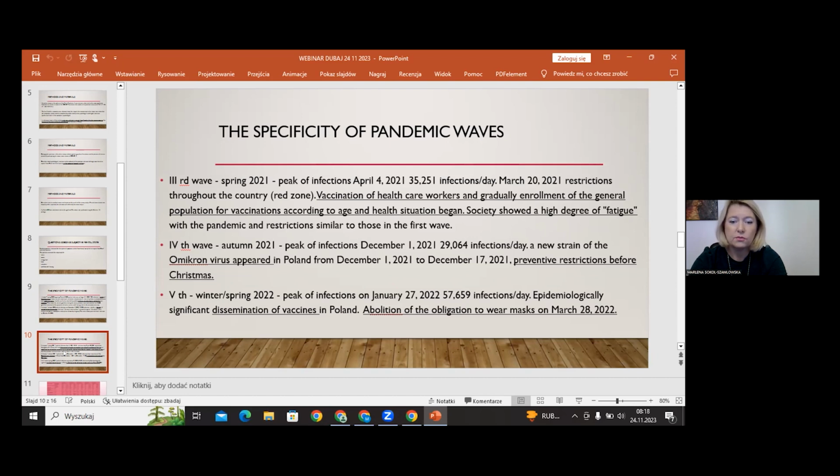The fourth wave, autumn 2021, Omicron variants appeared, as you know, in Poland also. And the fifth, winter and spring 2022, we had a lot of dissemination of vaccines. And on March 28, our government decided not to obligate us to wear masks.